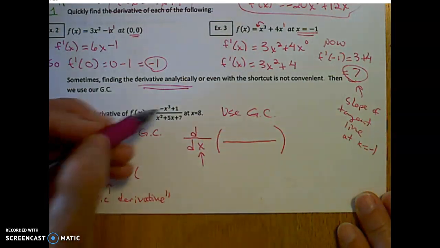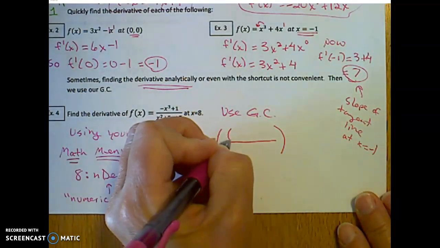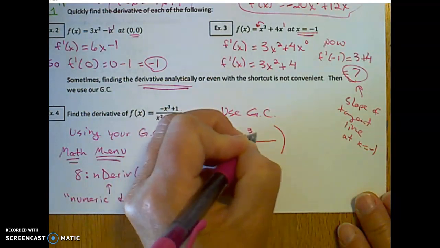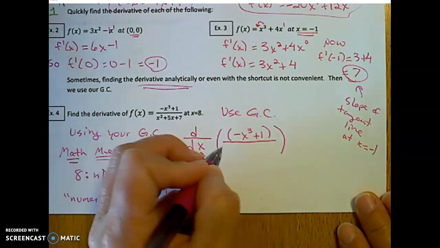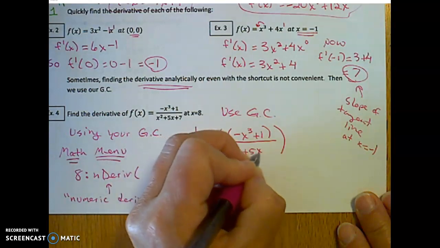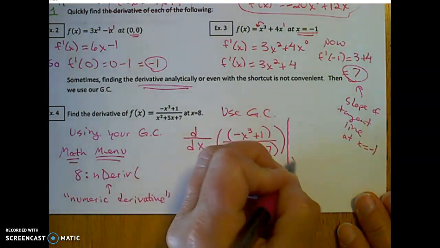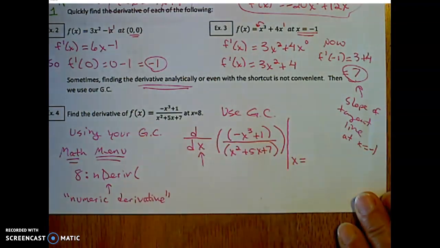So now I'm going to plug in this rational function. In the numerator, use parentheses, negative x cubed plus x. In the denominator, x squared plus 5x plus 7, use parentheses, and calculate that derivative at x equals 8.